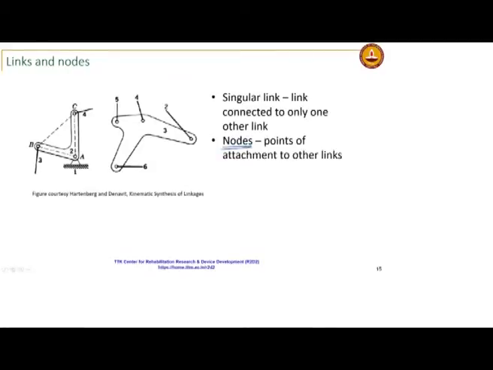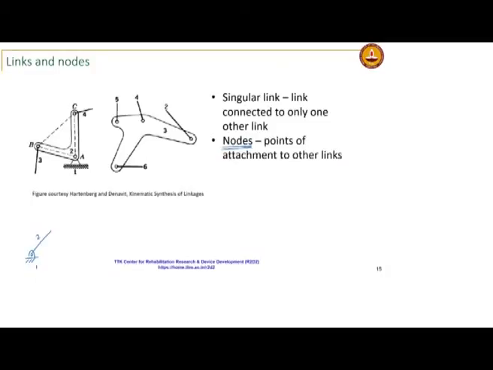If a link is only connected to one other link, like link 2 here, it is an example of a singular link, attached to only one other link.